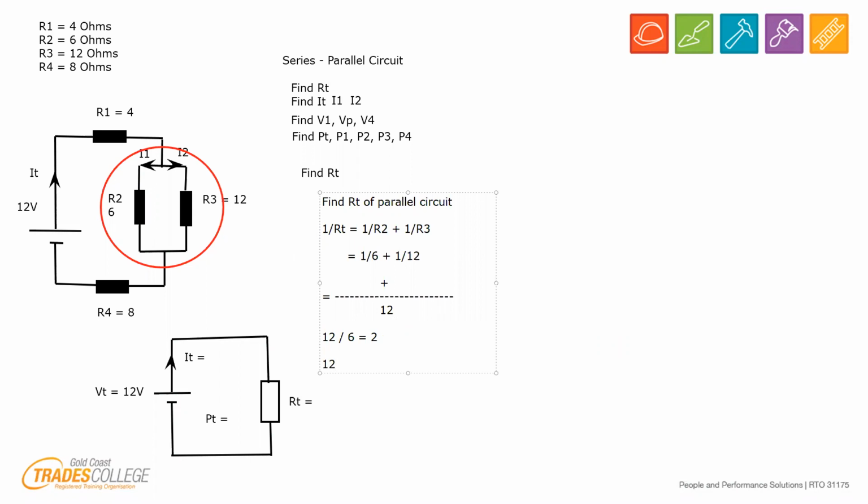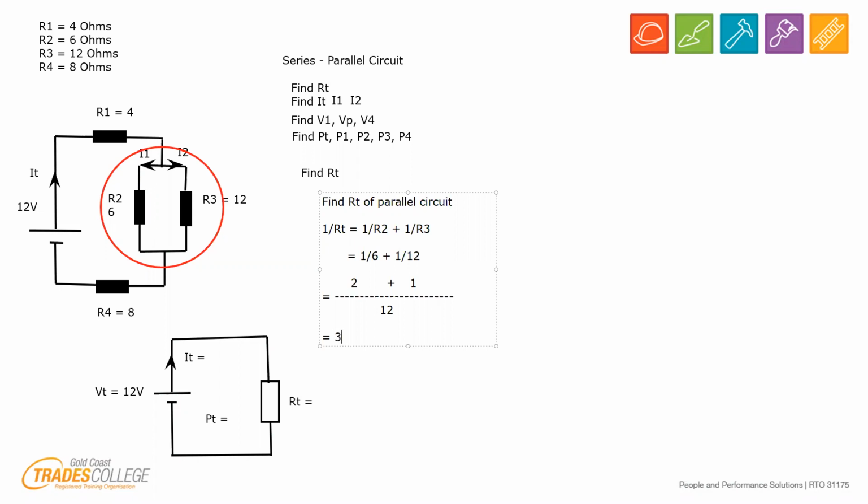And then 12 divided by 12 would give us 1. Those 2 values are what I write at the top. So 2 goes there, and 1 goes there. Okay with that?